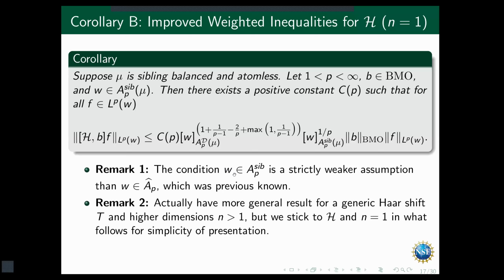This condition that W belongs to this A_P sibling class is a strictly weaker assumption than the one we assumed in a previous paper, which was that W belongs to A_P hat. So that was what was previously known. So we improved this result qualitatively. We got sharpened weighted inequalities.